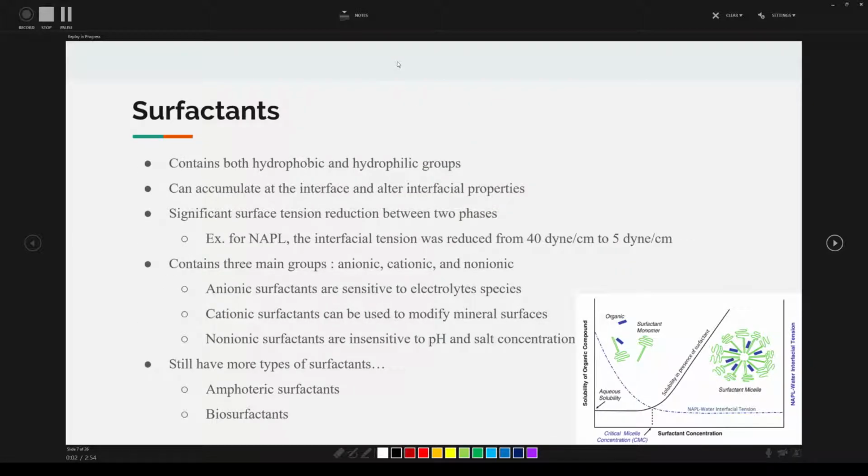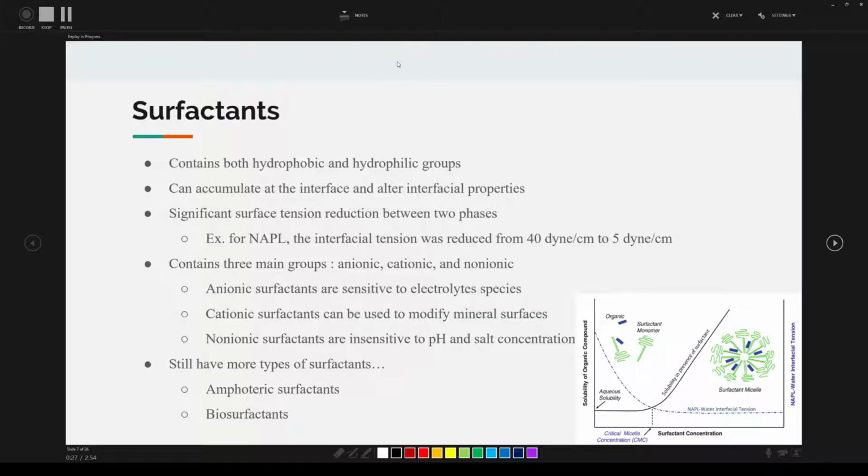Here we want to talk in more detail about the surfactants. First, they contain both hydrophobic and hydrophilic groups, and they can accumulate in the flushing solutions and at the interface in the contaminant sites, and will alter the interfacial properties between the soil particles and the contaminants.